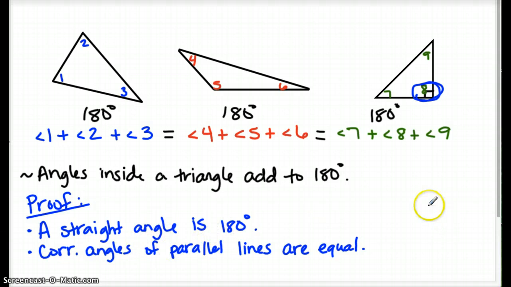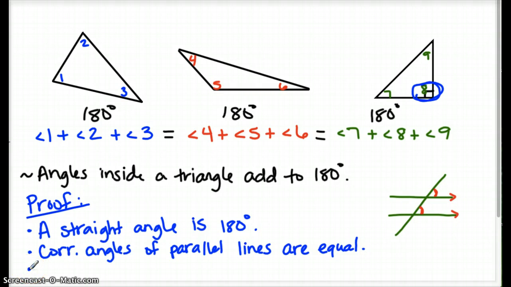If we have a set of parallel lines, I'll just draw a little figure over here. If these lines are parallel, corresponding angles are on the same side of the transversal and in the same relative position. So these two that I marked in red are equal as long as these lines are parallel.